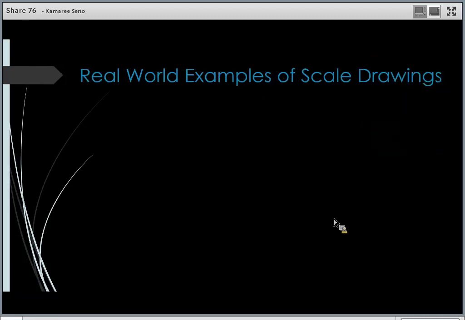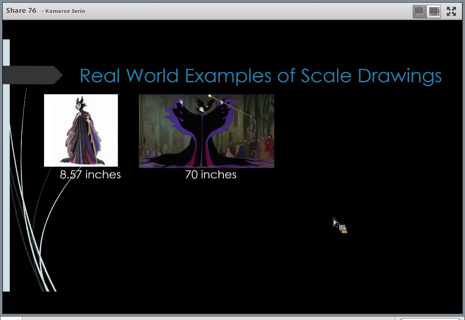Scale drawings are actually used all the time, everywhere, whether or not you realize it. I don't know if any of you are into figurines or figures or even just dolls or toys, sometimes even toy cars. Those are usually scale drawings. So this figure of Maleficent from Sleeping Beauty is only 8.57 inches tall.